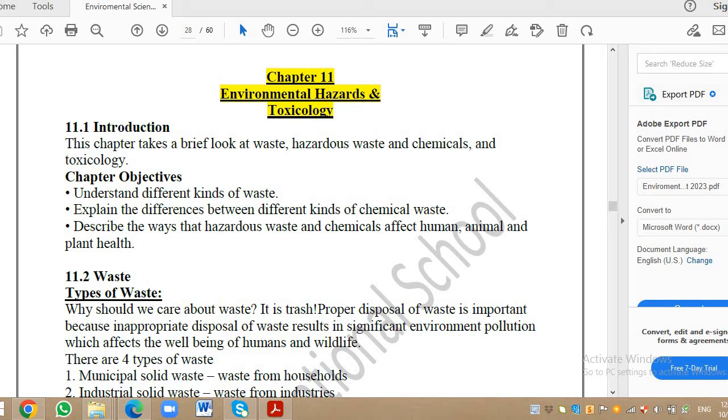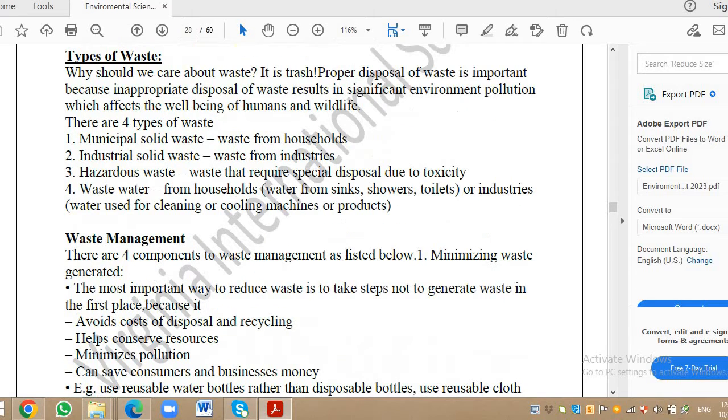So we have to do correct waste management to avoid all the hazards and all the hassle that may come out of this toxic and harmful waste. We should dispose of this waste in an appropriate way because it may cause environmental pollution.